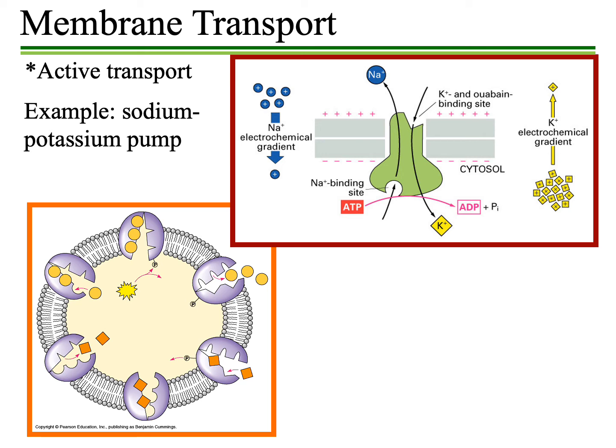Sodium is being represented by the circles, and potassium is being represented by the squares or the diamond shape. If you look at the 11 o'clock position on this figure, what you see is sodium entering into the transport protein, into slots or divots that allow for the sodium to bind.